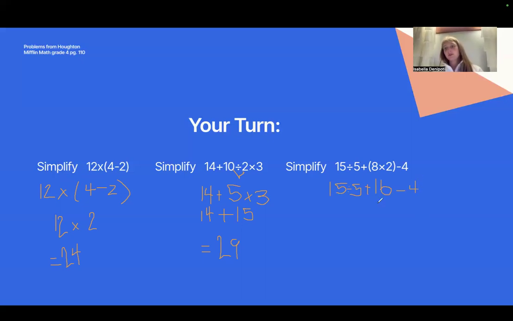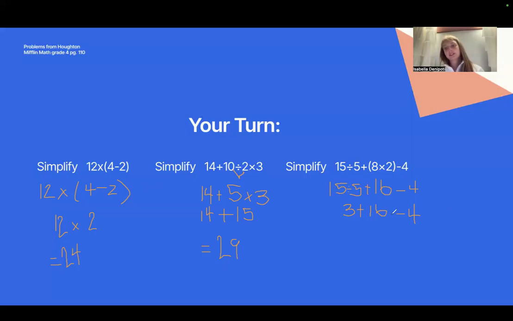All right, so since we're done with the parentheses, we move on to the division or multiplication. So the division comes first from left to right. So 15 divided by 5 would equal 3. And then you bring down all the other numbers. And then you go from left to right, solving the equation.